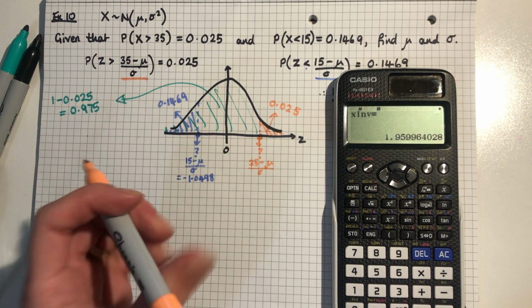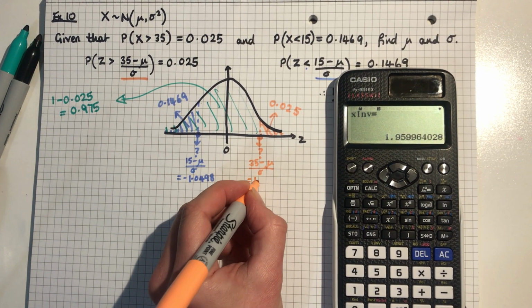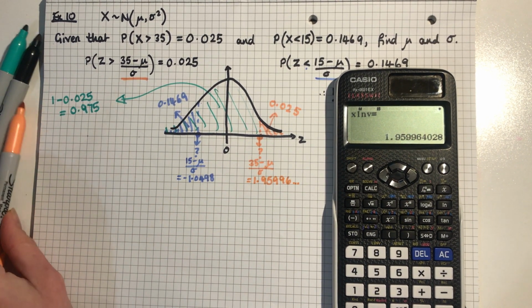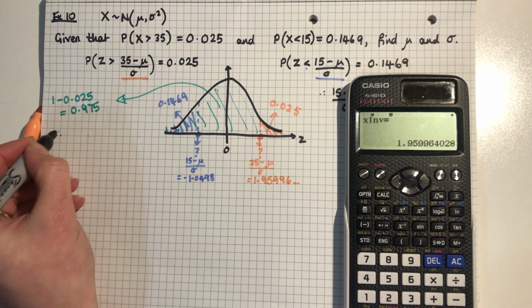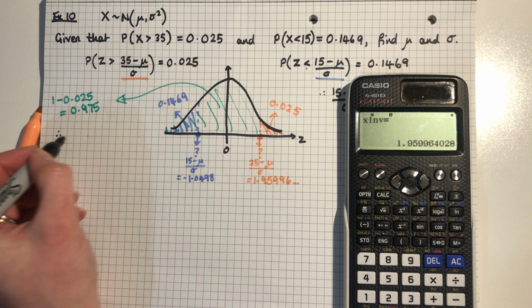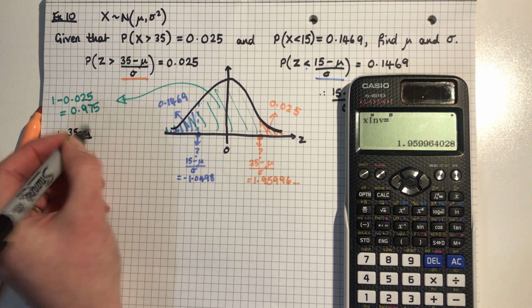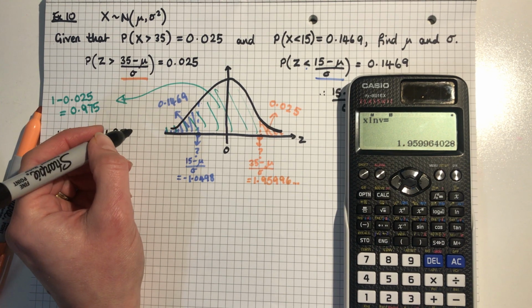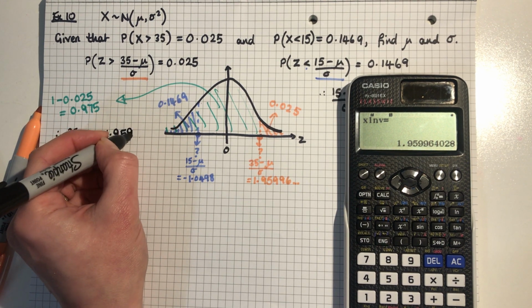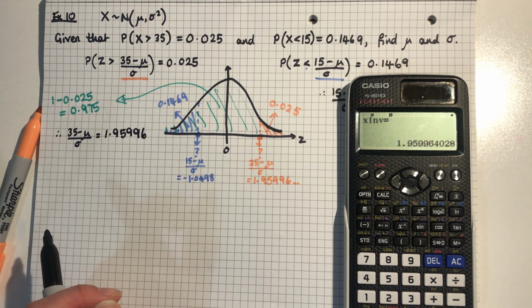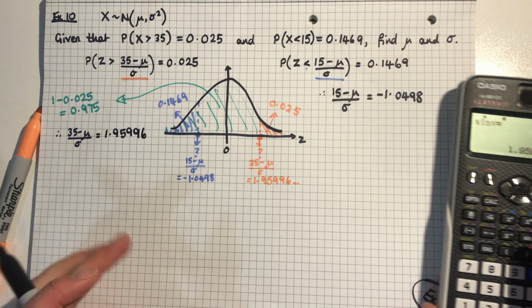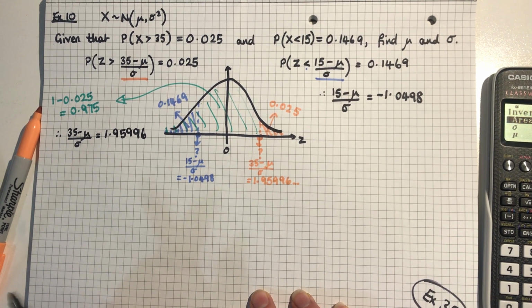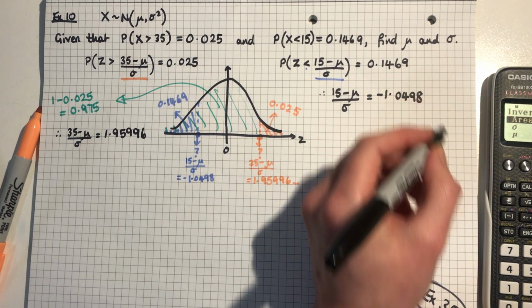And that tells me that this number here is 1.95996 and so on. So let's write down the equation from that one on this side. We have got (35 minus mu) over sigma is 1.95996. I don't quite know to what degree of accuracy we've got to do this, so I'm just going to keep them both pretty accurate like that for now, and it will all come out in the end quite nicely, I'm sure. So we have got two equations.